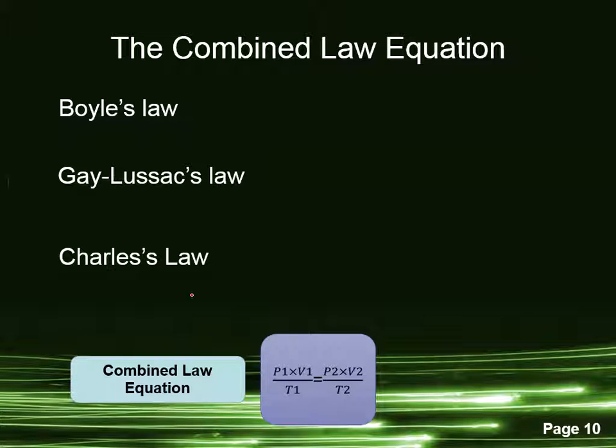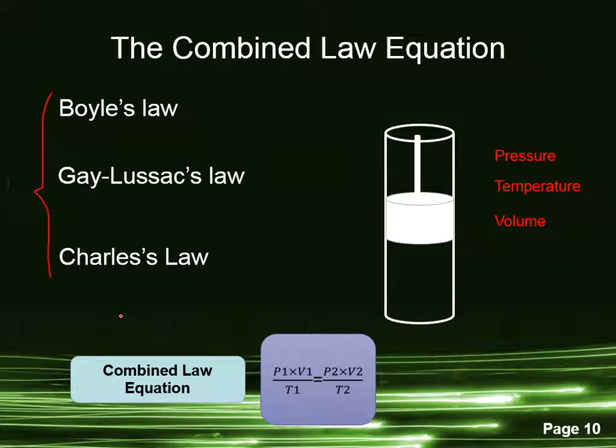There are three gas laws which we learned so far. They each assume some source of change happened, and they tell us how two variables change before and after the change. In these three laws, we always have two variables. Let's assume we want to change the pressure, temperature, and volume of this cylinder. We cannot use any of these three laws here because there are three variables in this problem.